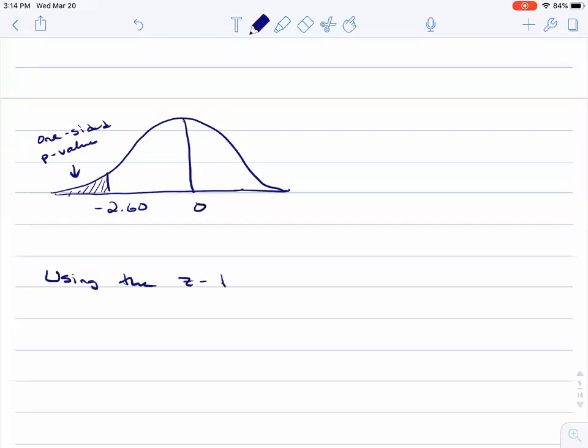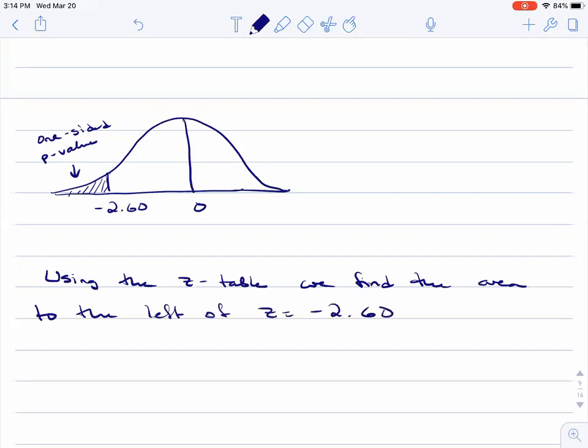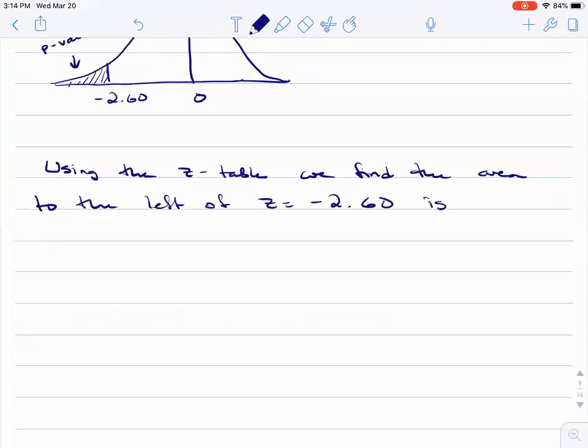Using the z table, we find the area to the left of z equal to negative 2.60 is 0.0047.